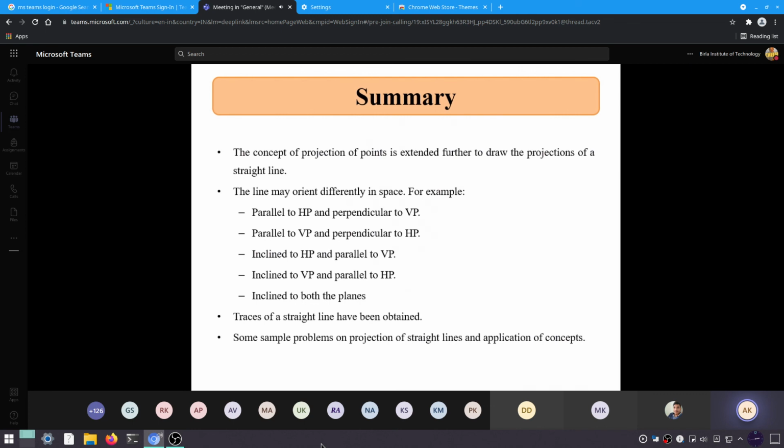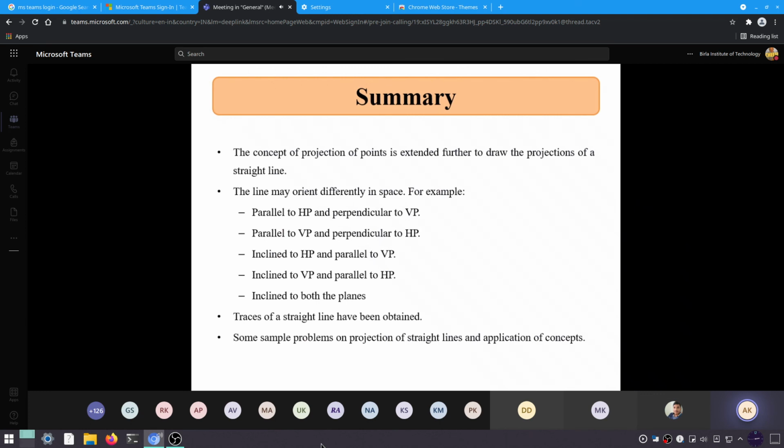Line parallel to HP and perpendicular to VP, line parallel to VP and perpendicular to HP, line inclined to HP and parallel to VP, and line inclined to VP and parallel to HP. Then we go for line inclined to both the planes that we have seen. Then further we got to know about the traces, and we have done some problems related to those. Okay.